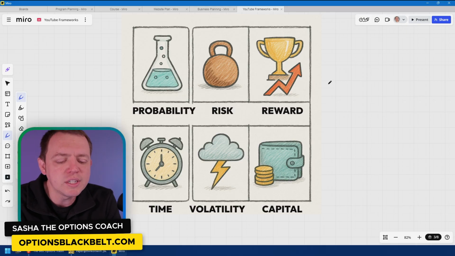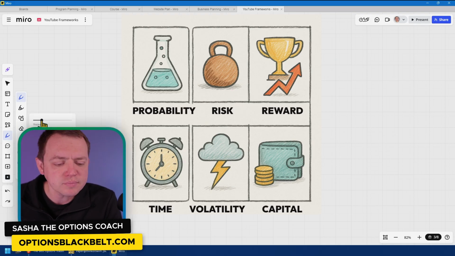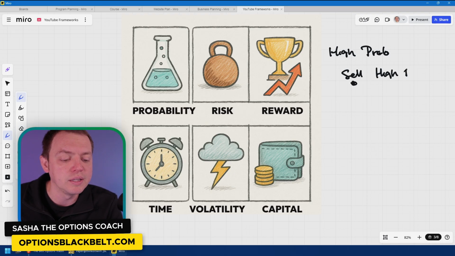I want to show you an example of how this really works at a basic level. Let's say I want something with a very high degree of probability, and we'll talk about something as simple as selling a put way out of the money. If we want a high probability, we'll sell a low delta put.